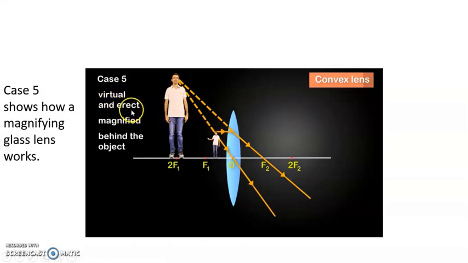In this case, it's not inverted. It's erect. It's right side up in the same way as the object. And then it's magnified, as opposed to being diminished, because this image is larger than the object, okay? Right. So that's something that you need to take note of.